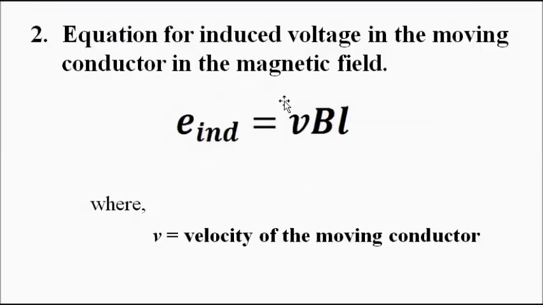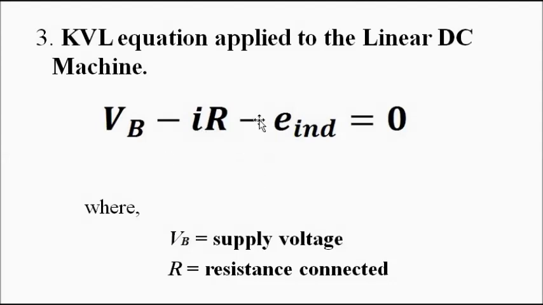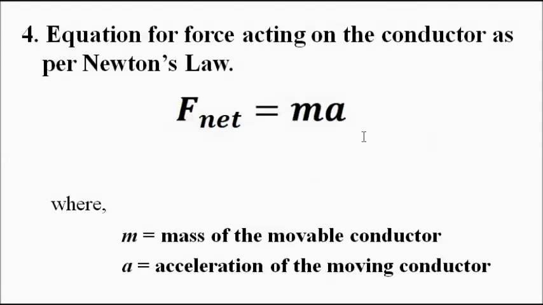Next, the expression of induced voltage because of the moving conductor, the KVL equation applied to the linear DC machine, and the force because of the accelerated motion of the conductor. Now, how to establish a relationship between them so as to explain the working of the linear DC machine.